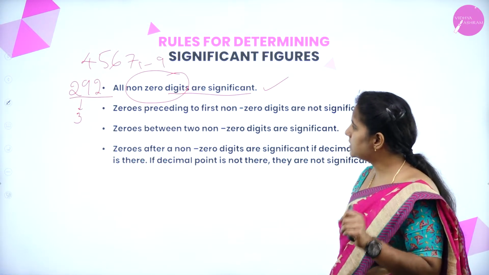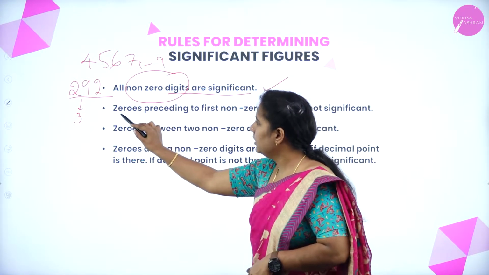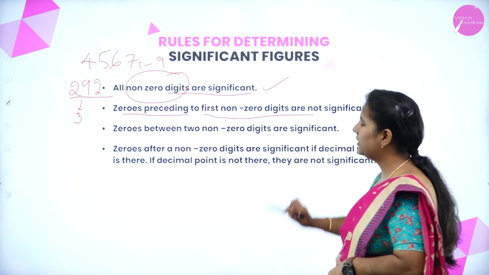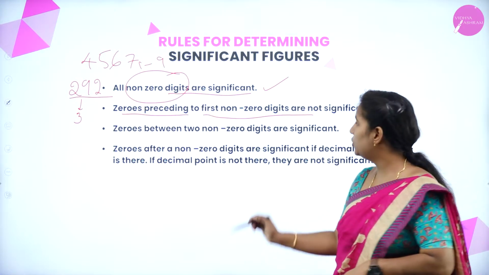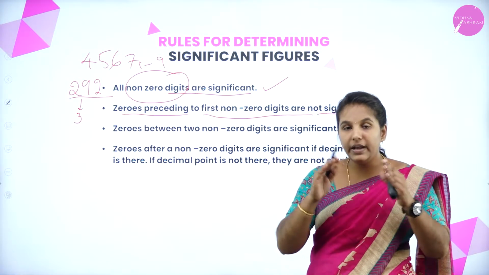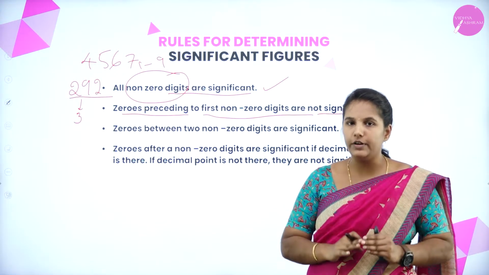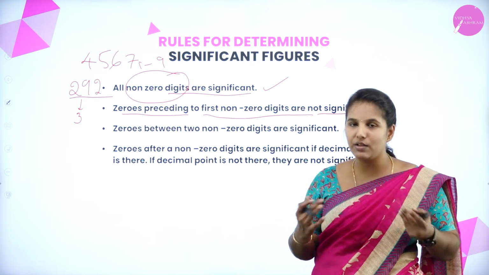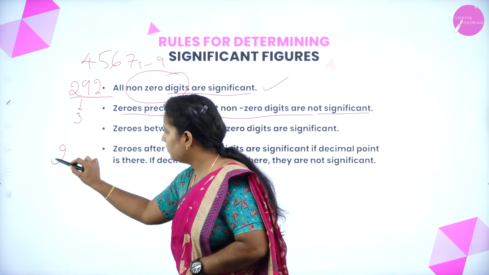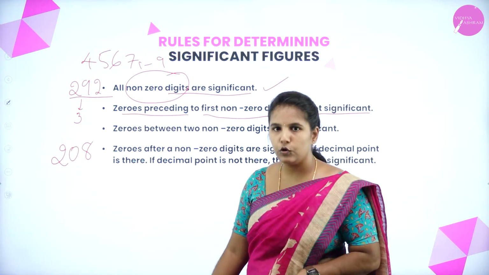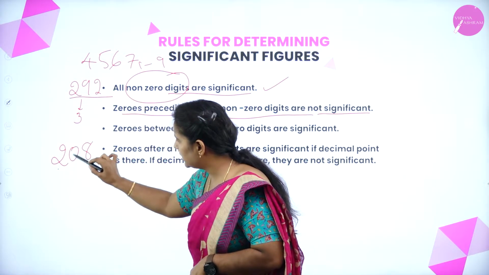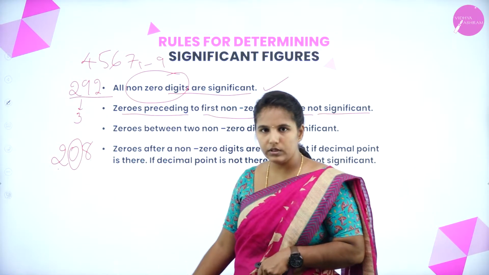The second rule says that 0 preceding the first non-zero digits is not significant. The 0 between two non-zero digits, which means to say that suppose you have 208, okay? Between these two non-zero digits, there is a 0, right?